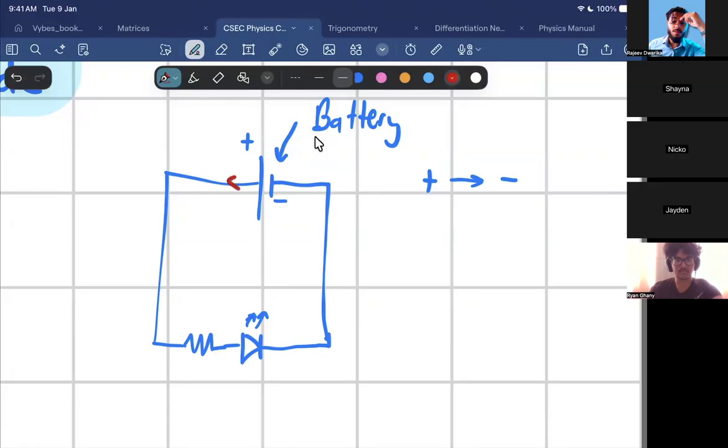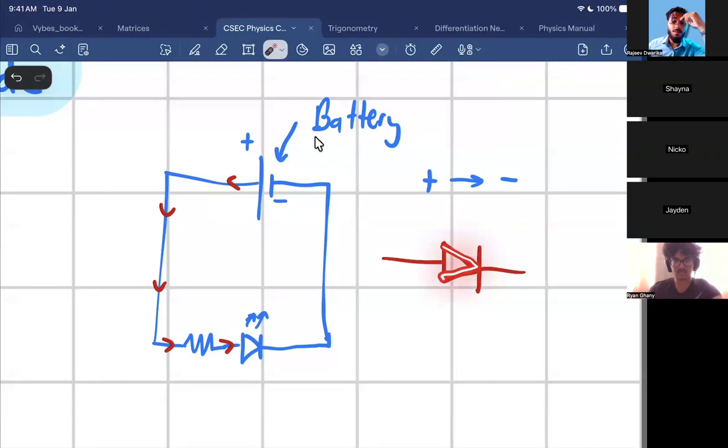Yeah. Will the current be able to pass through the diode? Yeah. Ryan, if you're confused, a diode only allows current to flow in one direction. And again, this is the diode part here. Can you see that the diode sort of looks like an arrow? Yeah. Right. The current is facing that direction, so it's going to let the current pass through.